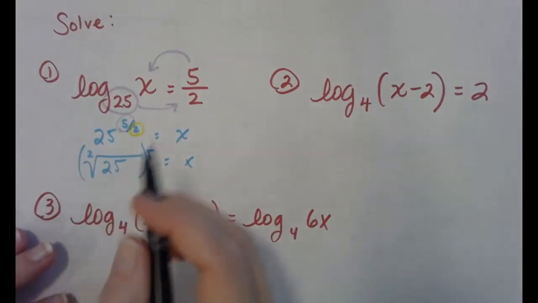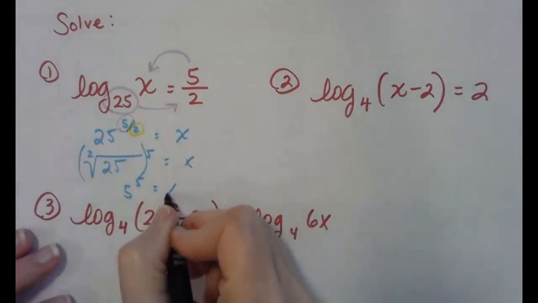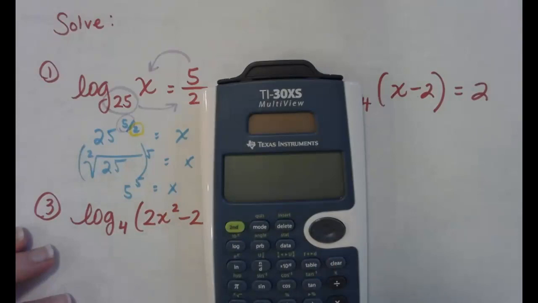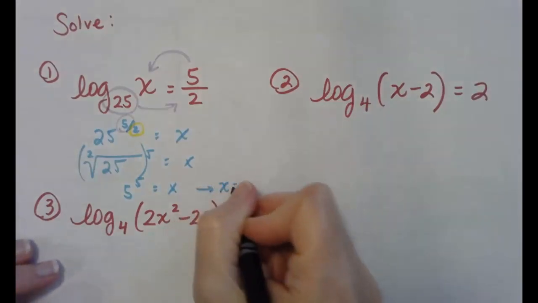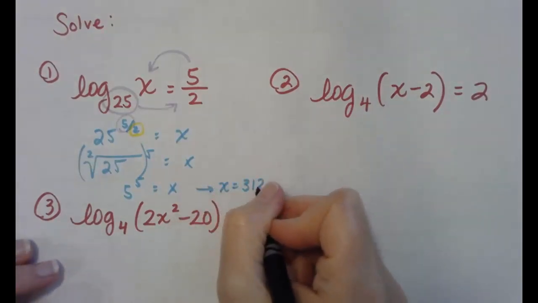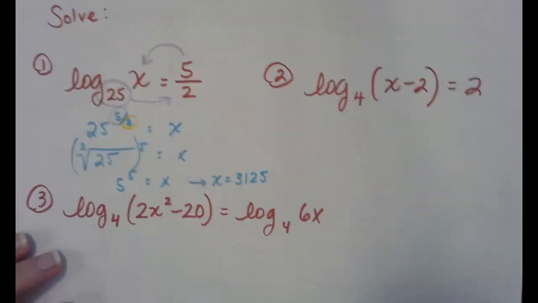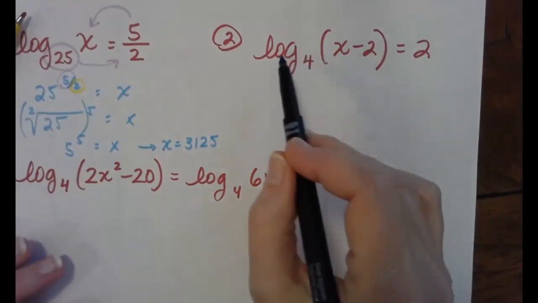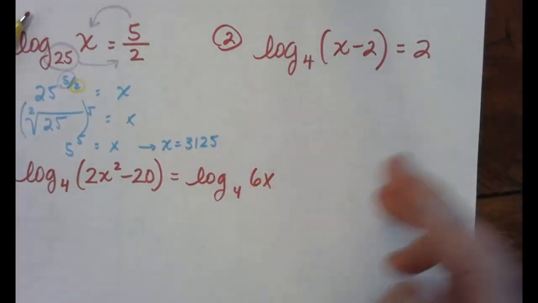The square root of 25 is 5, and we end up with 5 to the 5th, and 5 to the 5th is 3125. So x equals 3,125 in this particular problem. Number 2, log base 4 of x minus 2 equals 2.